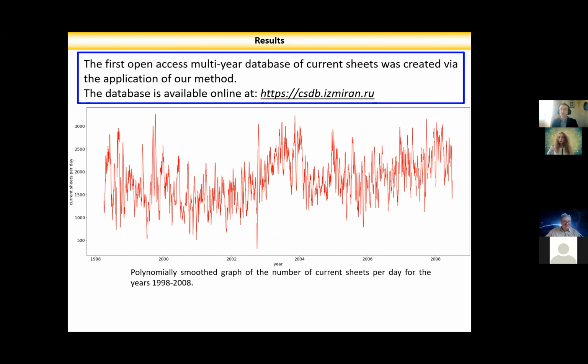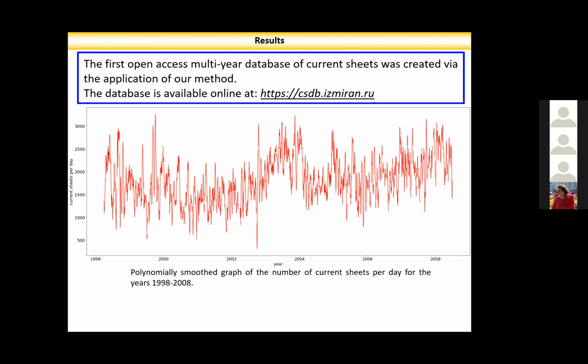So here you can see a beautiful graph that is a polynomially smoothed graph of the number of current sheets per day for the years starting in 1998 and in 2008. And the database itself is, again, available for your use over at the web page on screen.